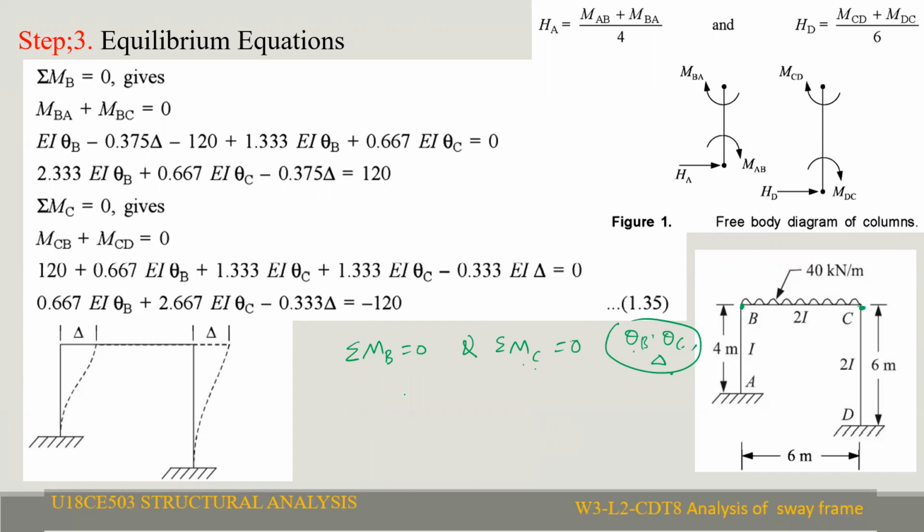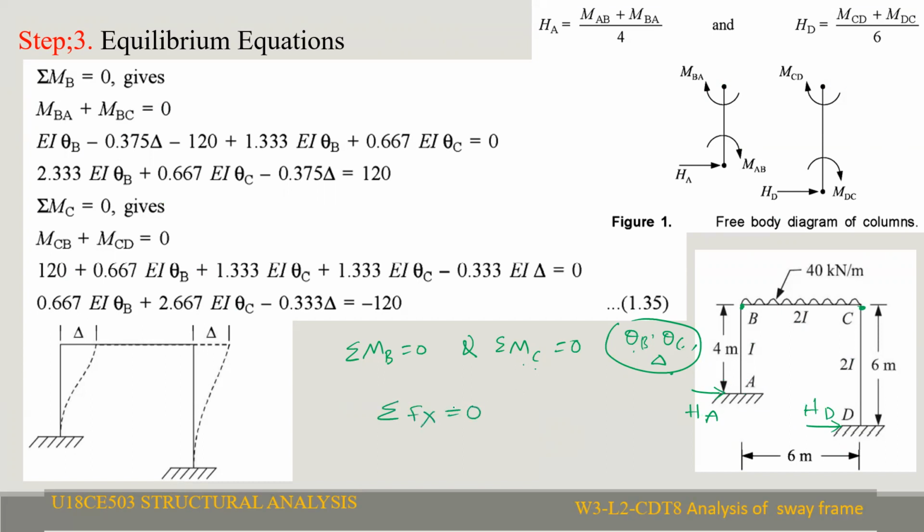For that, there is a horizontal sway. Because of the horizontal reaction, horizontal reactions HA and HD will develop at the supports. Because of this, I want to write another equation: the summation of forces in the horizontal direction equal to 0.